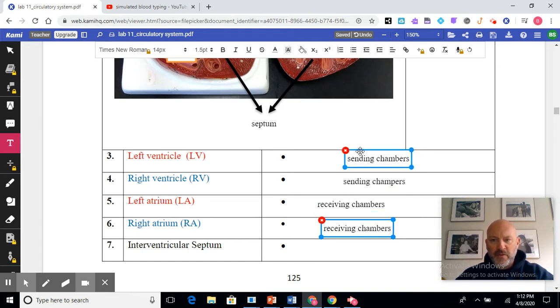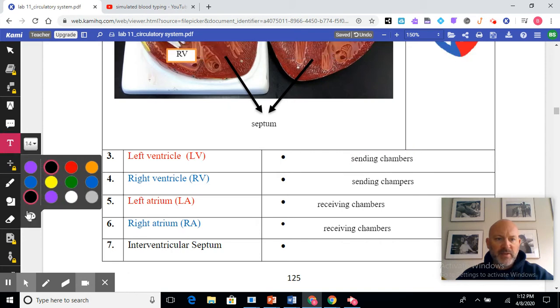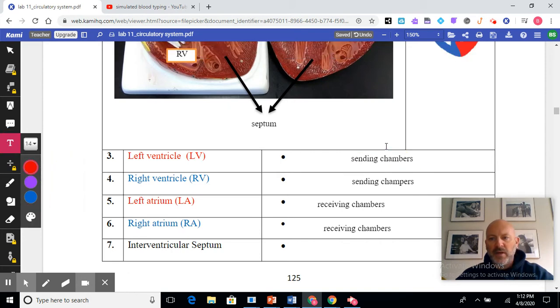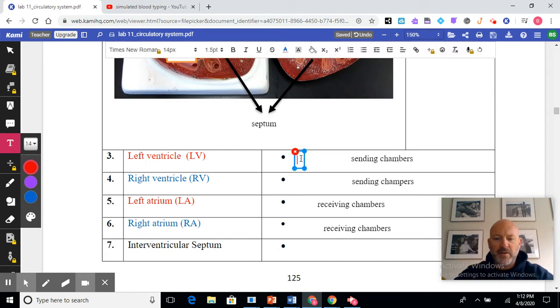And how do they differ, though? How does the left ventricle differ from the right ventricle? Well, what are they sending? Well, if we look at the left ventricle, it's written in red, so that tells me that it's going to be sending oxygenated blood. So I'm going to add that.